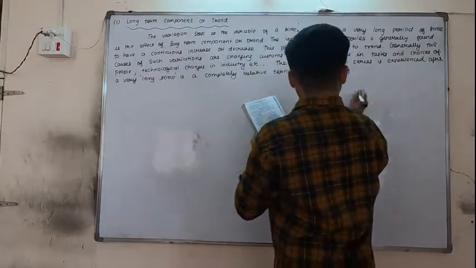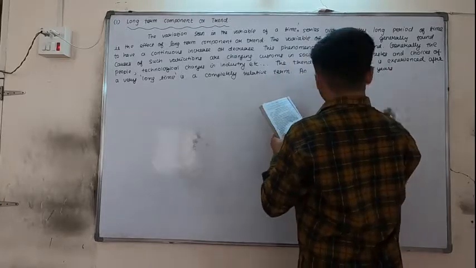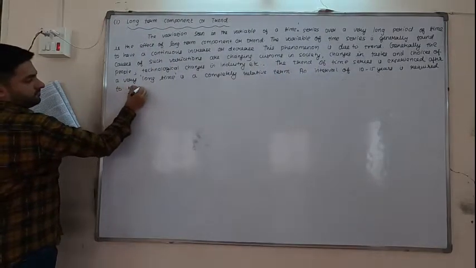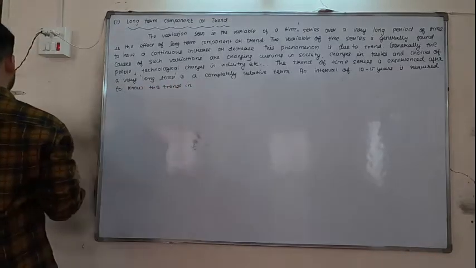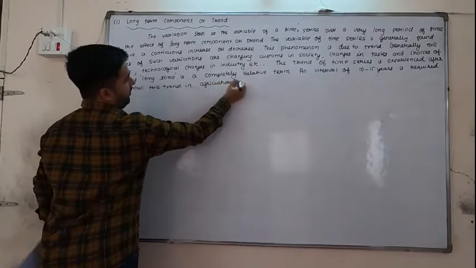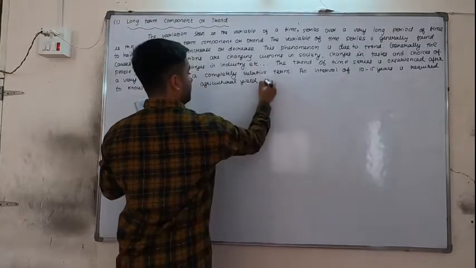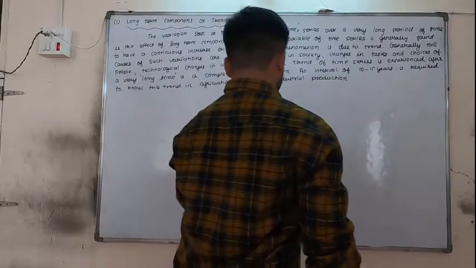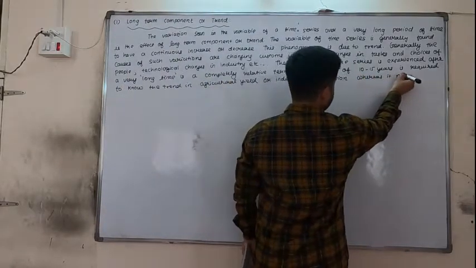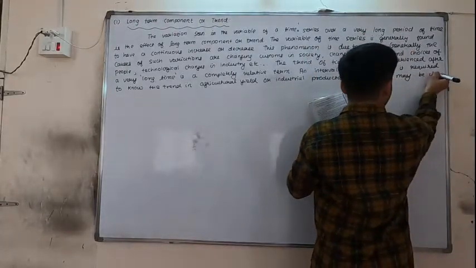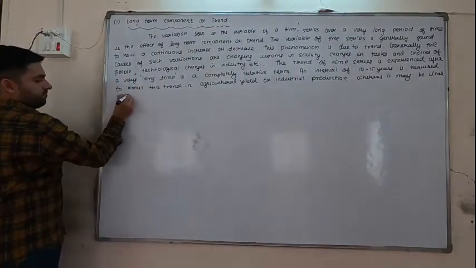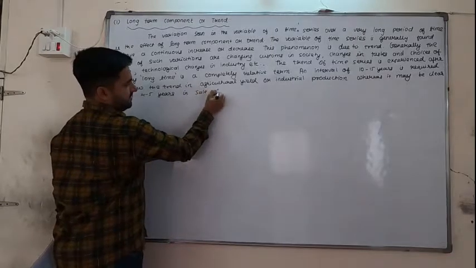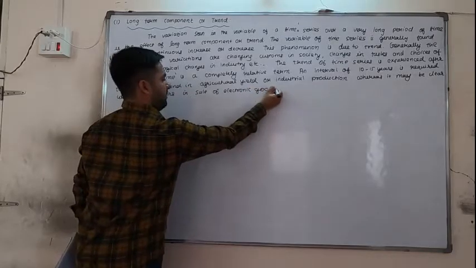An interval of 10 to 15 years is required to know the trend in agricultural yield or industrial production, whereas it may be clear within 4 to 5 years in sale of electronic goods.